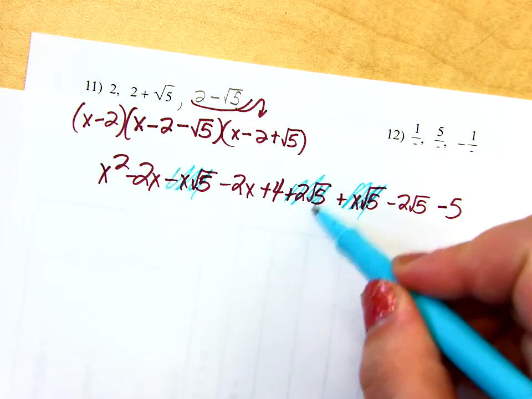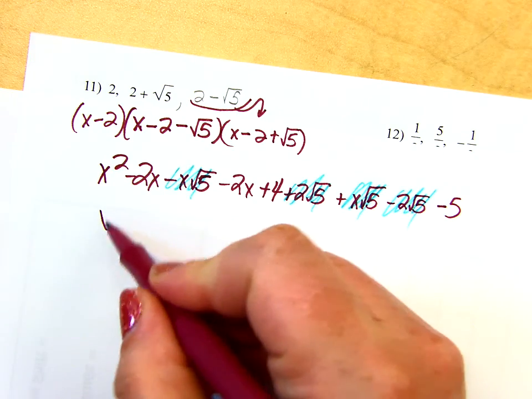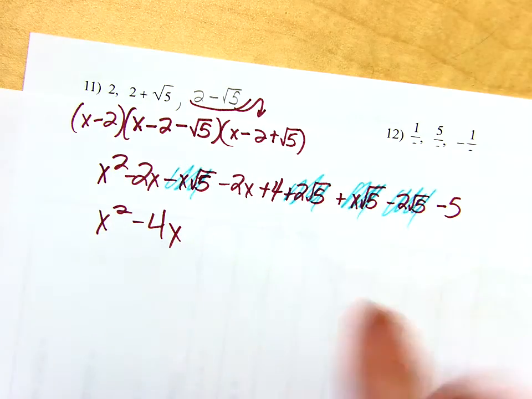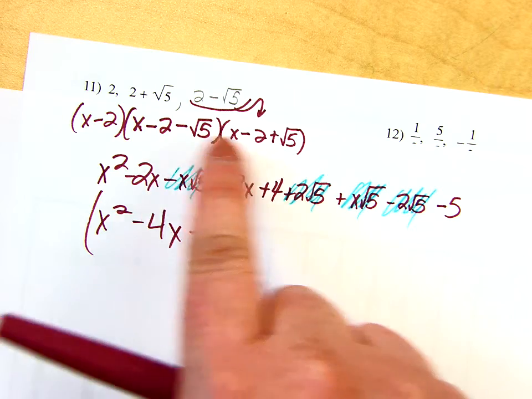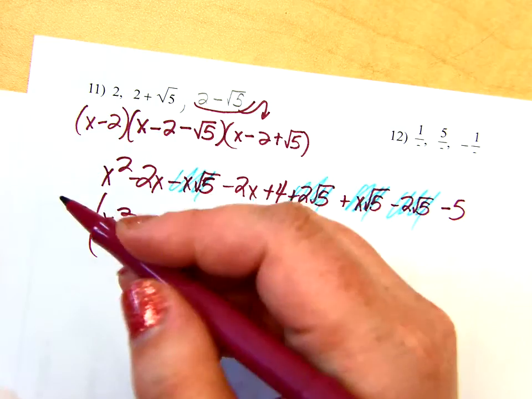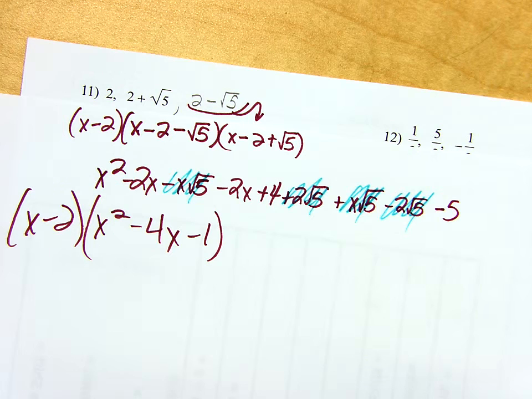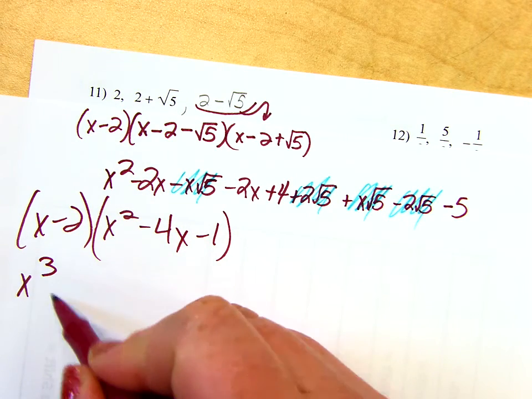They cancel with each other. Everything else is just a normal number, so I'll just put those together. I'd get x squared minus 4x minus 1. So when I multiply these two together, I got that. I do still need to multiply by the x minus 2. But now, look, there's no irrational numbers anymore, so it's much easier. So now I'll just multiply that through, and I'll have my answer.